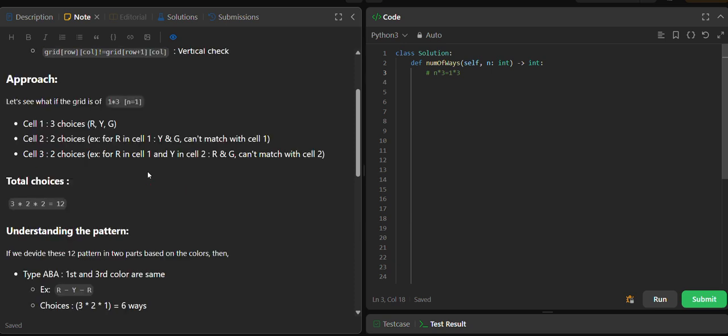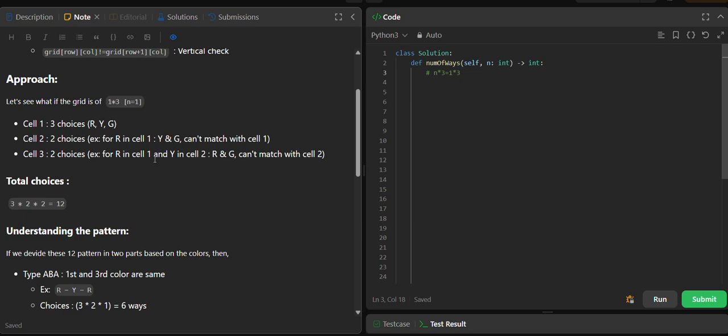Now let's go through an example for better understanding of the intuition. For example, if n equal to 1, now we have a grid of 1 cross 3. In cell 1 we have 3 choices to paint the cell with red or yellow or green. After painting cell 1, when we come to cell 2, we have only 2 choices, because if, for example, we have painted cell 1 as red, then we have only 2 choices for cell 2, either yellow or green.